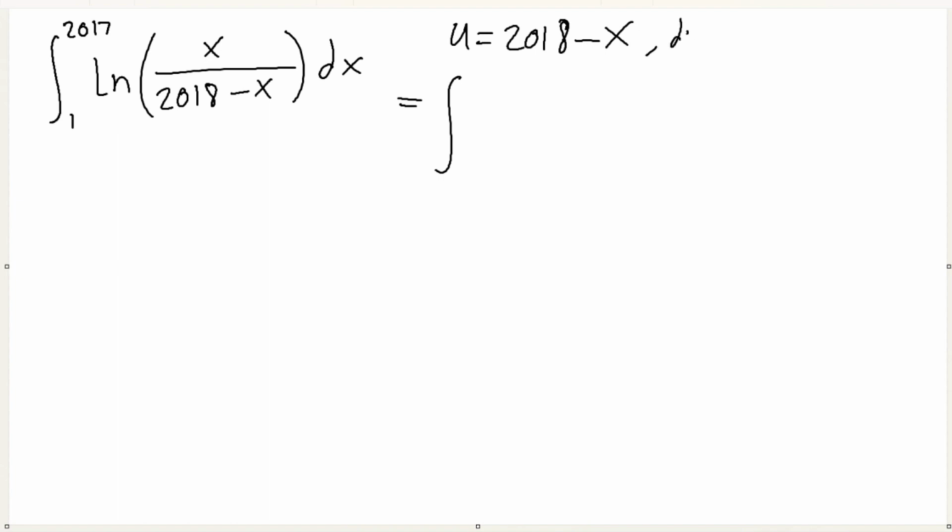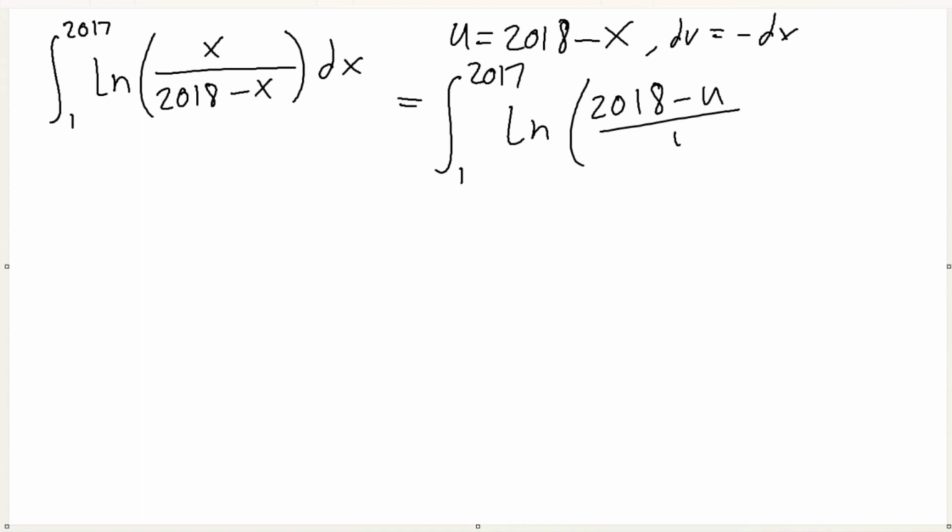This will give us du equal negative dx. So this negative is going to fix our bounds. So our bounds become the same. However, we end up getting ln of 2018 minus u over u du. Okay. Interesting. What do we do now?